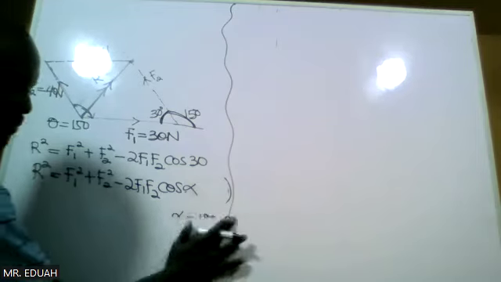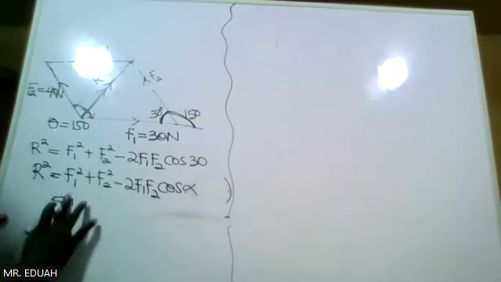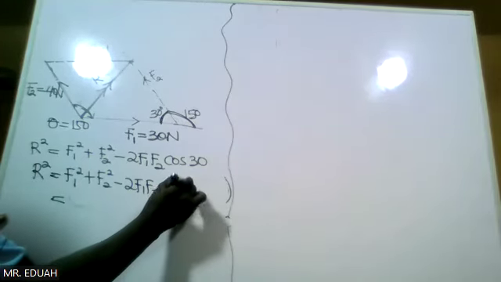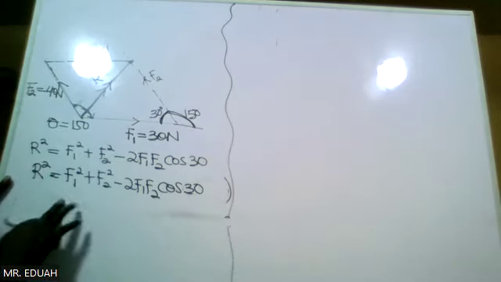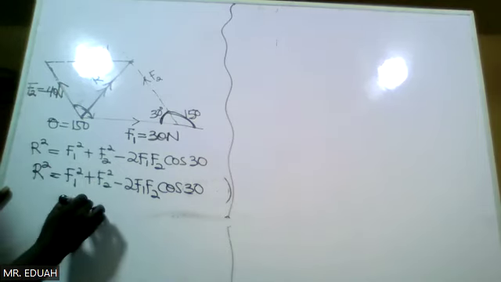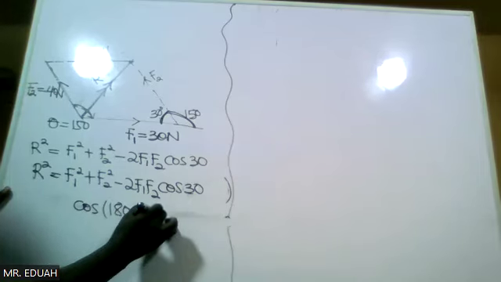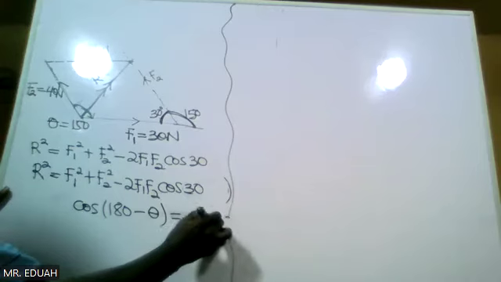Are you okay? So all that I'm saying is that this is cos of alpha, which is 30. The other formula we obtain is because cos 180 minus theta, I said, is equal to negative of cos theta.